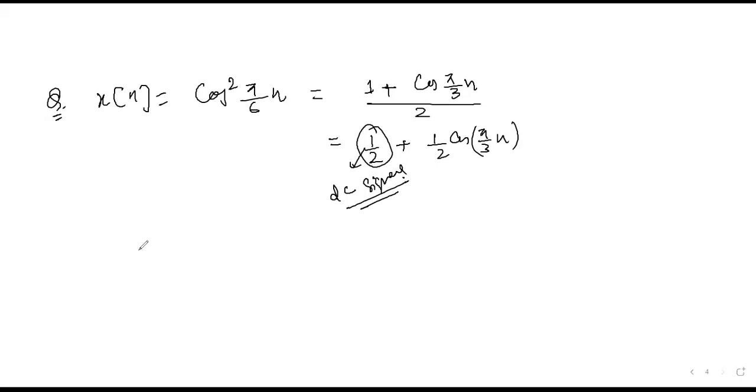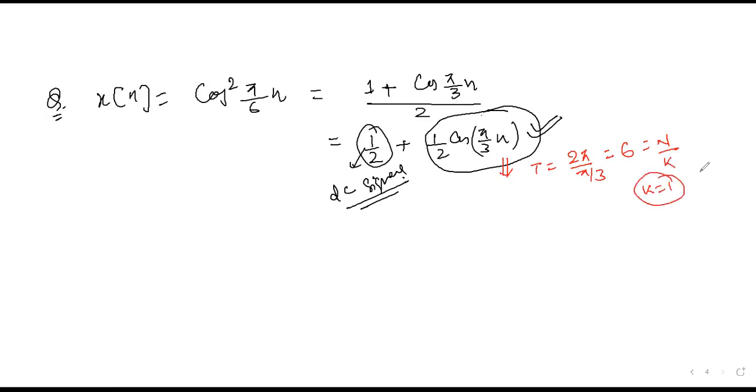Now we have to find the fundamental time period of this signal. If this is periodic, then the overall signal becomes periodic. Now what's the fundamental time period T? 2 pi by pi/3 is equal to 6, and this is equal to N by k. So for k equal to 1, N equal to 6.